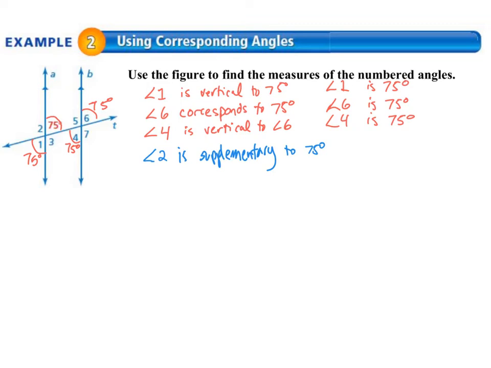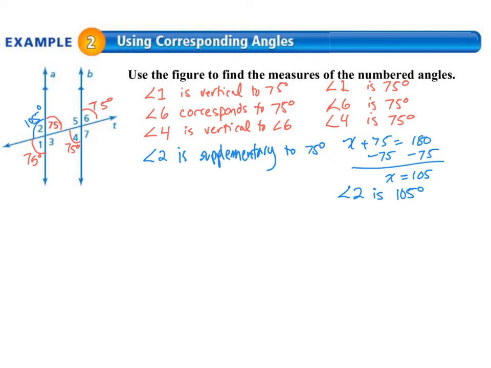So let's say that the measure of angle 2 is x, so we'd know x plus 75 has to add up to 180. Solving for x would be 105 degrees. So that means that angle 2 has to be 105 degrees. I'll write that in over here.